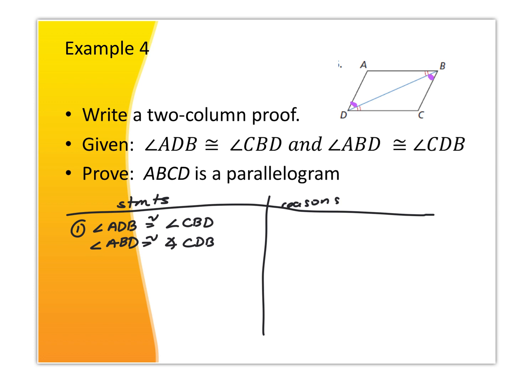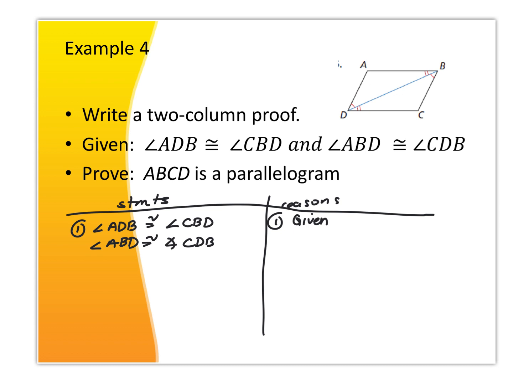And then angle ABD, this one here in green, is congruent to CDB. So I'm already kind of seeing that if those angles are congruent, then I know that the lines are going to be parallel to each other. But anyway, let's just start here. I know that this is my given. Let me kind of erase this and we'll do it now.